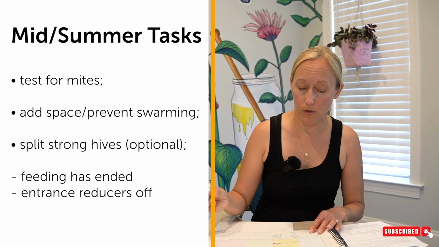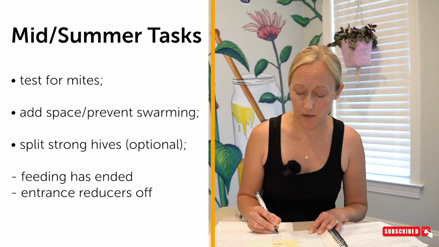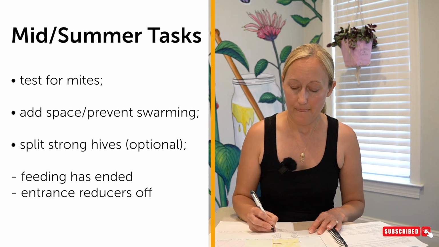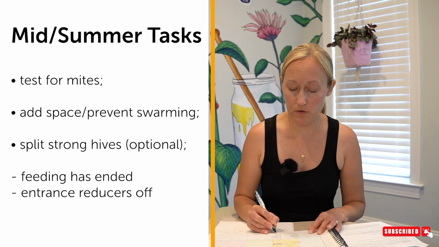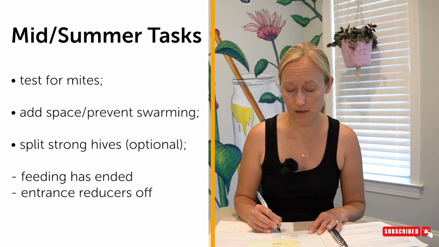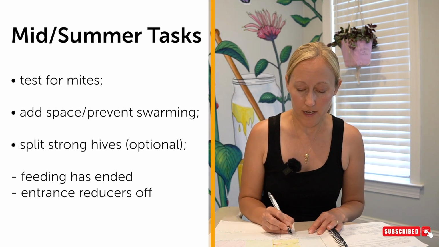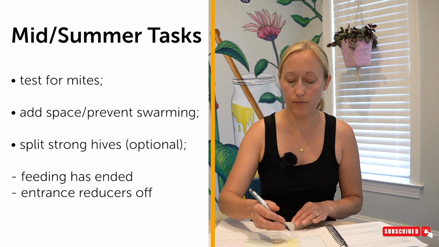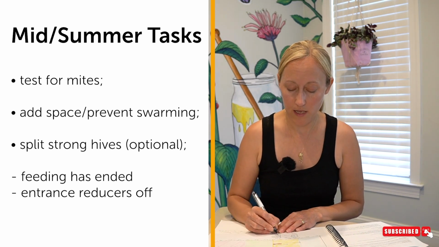Feeding is over, and this is when we split. Also, I am going to put in my environment mid-June, high heat. And I'm also going to put down in my beekeeper's tasks water source for the spring and summer.